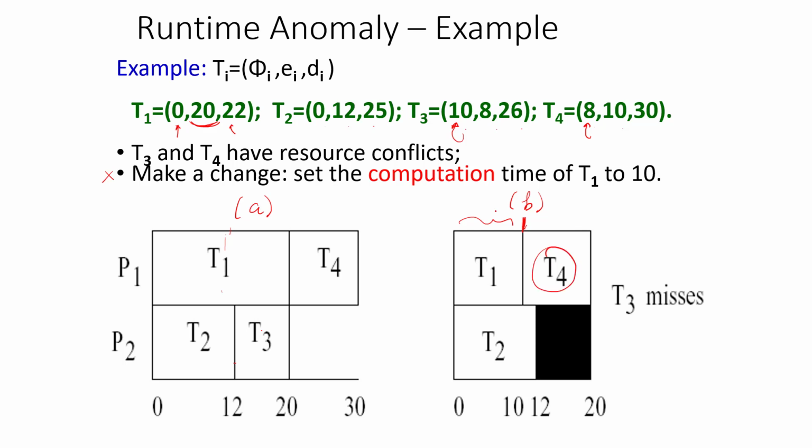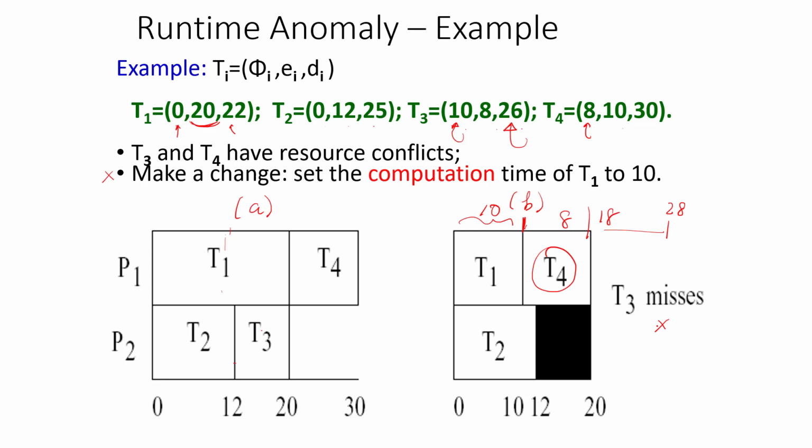If we run T4 over here, the total time is 10 units and the execution time of T4 is 8 units. After that, T3 will run. If T3 runs for 10 units, it will finish at time 28, which is more than its deadline, which is 26. As a result, T3 will miss its deadline.